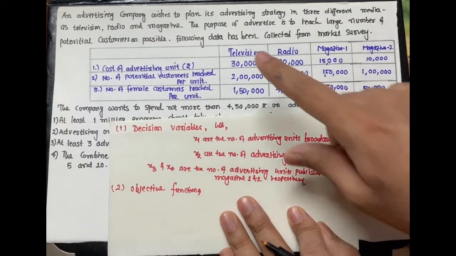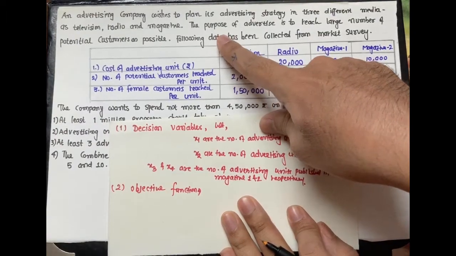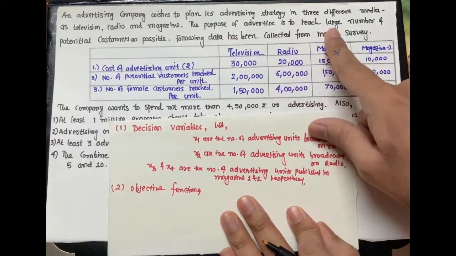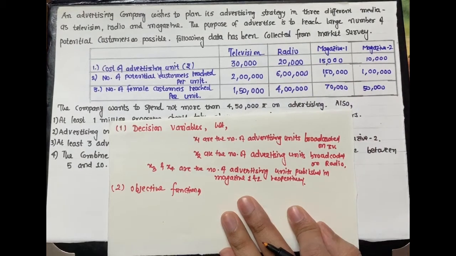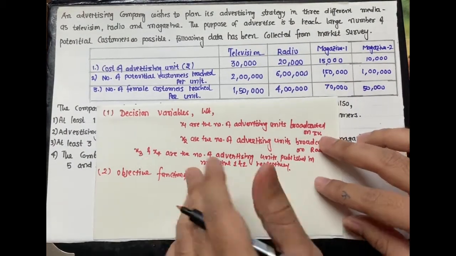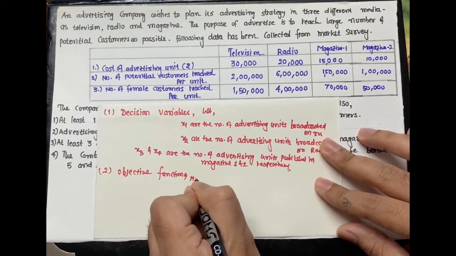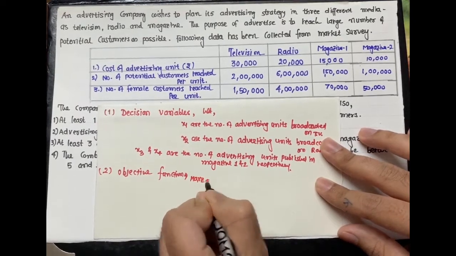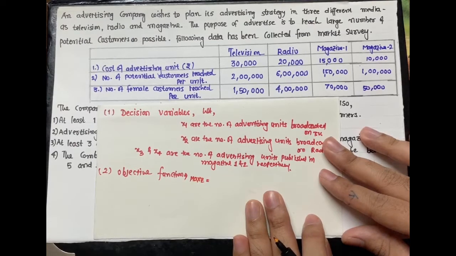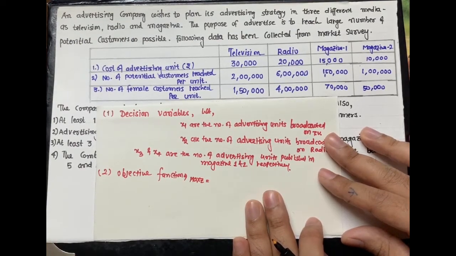The purpose is clearly mentioned here: the advertisement is to reach as many potential customers as possible. So the objective function is of max type, it is of maximization type, max z, and the purpose is to reach a large number of consumers.